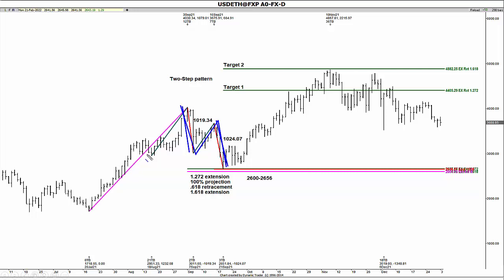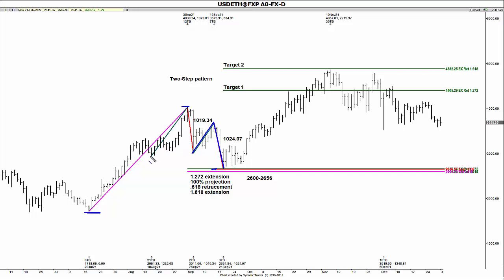And then also you need two other price relationships that will overlap. You will need a retracement of a prior swing to overlap that projection, and then also an extension of the middle part of this zigzag, so this low to this high, extended downwards. Now, as long as you have those three price relationships, it's a two-step pattern.